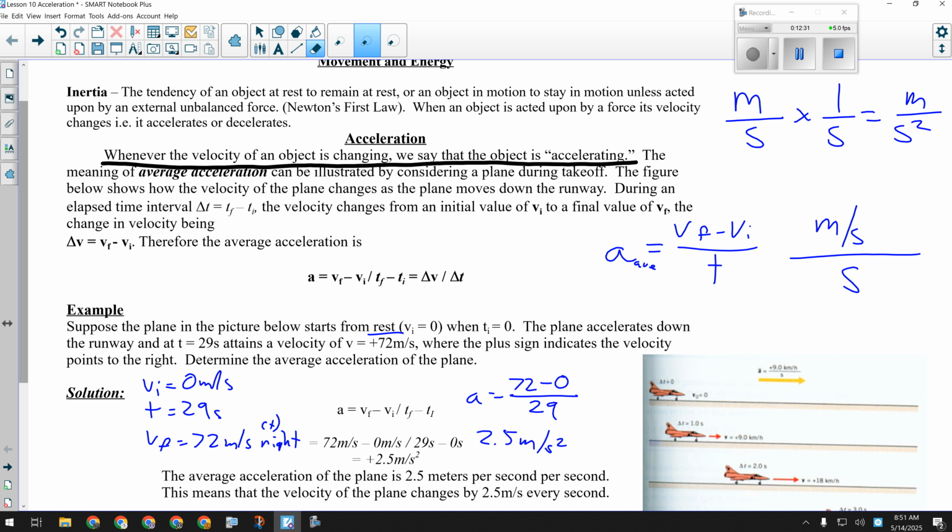Okay, so that means every second the plane will be going 2.5 meters per second faster than the second before. Does that seem fast? It's about 1/4 of a G. Right now, sitting in your chair, you feel 1 G worth of force.